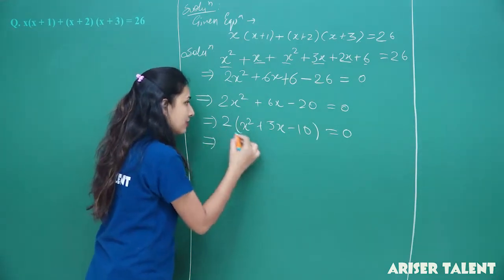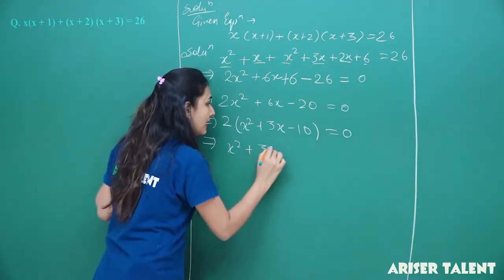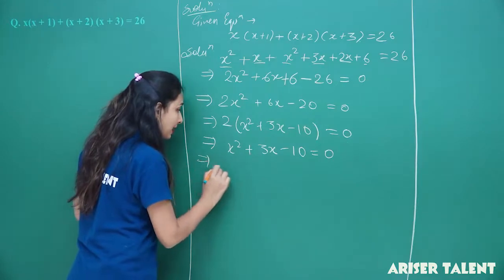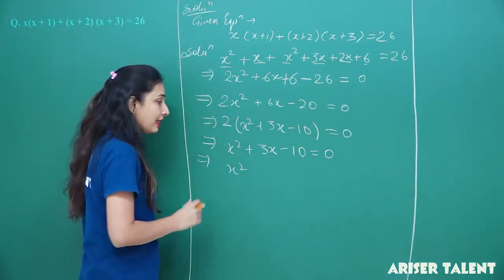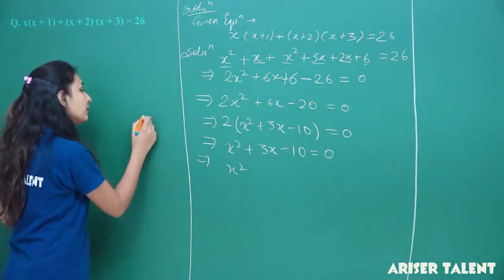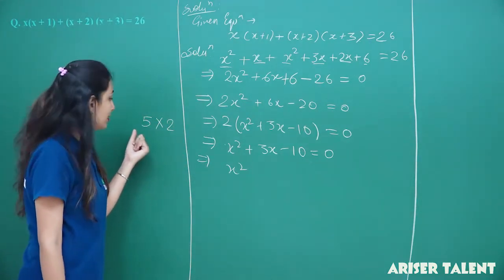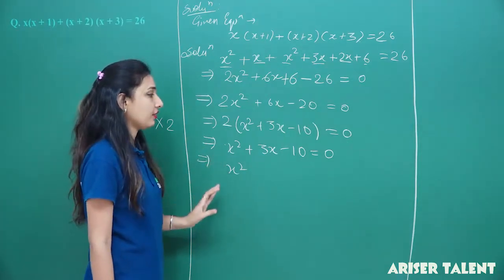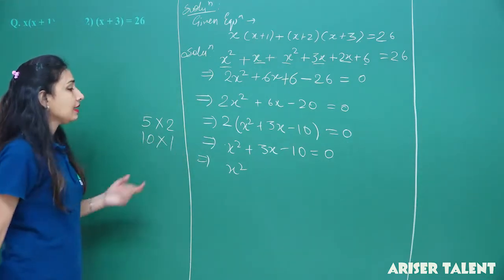Now this 2 will vanish, and I am having x square plus 3x minus 10 equals 0. The factors of 10 are 5 and 2 and only these two, because this is a prime number, so we are not going to have any other factorization of 10 other than this.